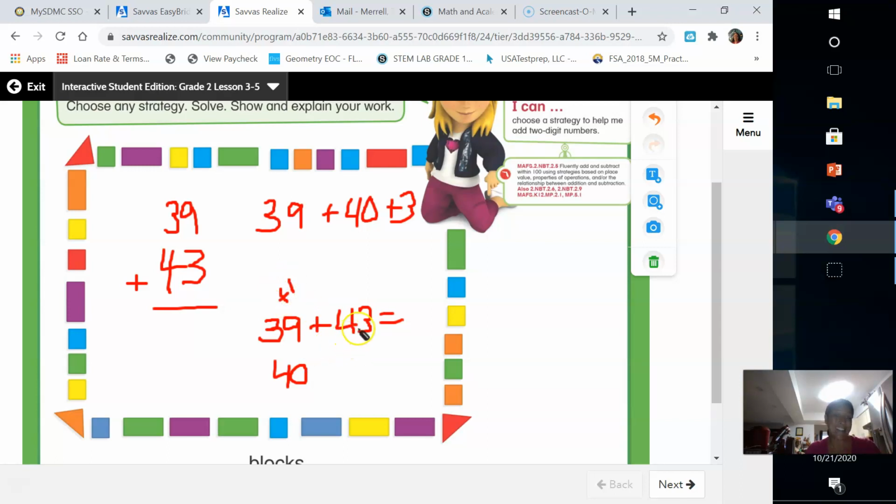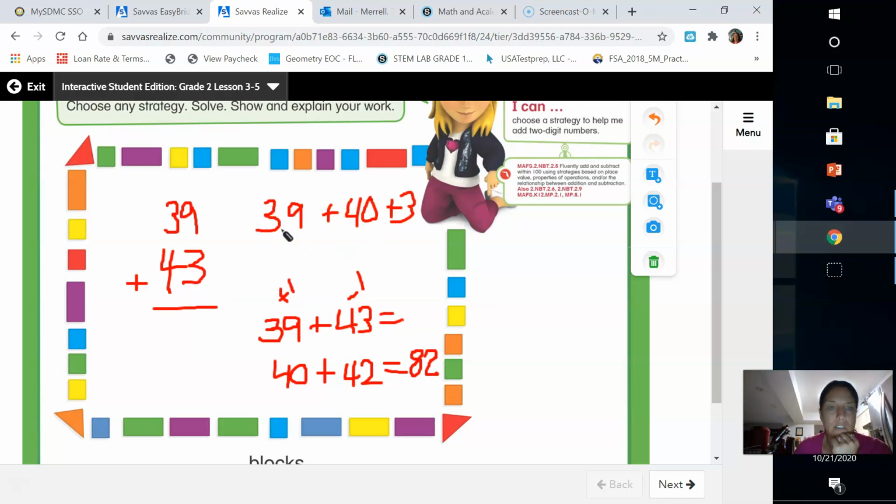And then I can take away 1 from 43 and get 42 minus 1. And that's easier to add, isn't it? What's 40 plus 40? What's 4 plus 4? 4 plus 4 is 8. So 40 plus 40 is 80, plus 2 more is 82.